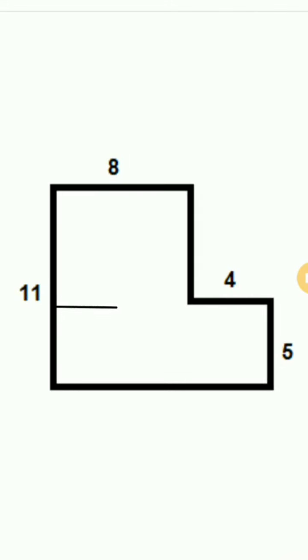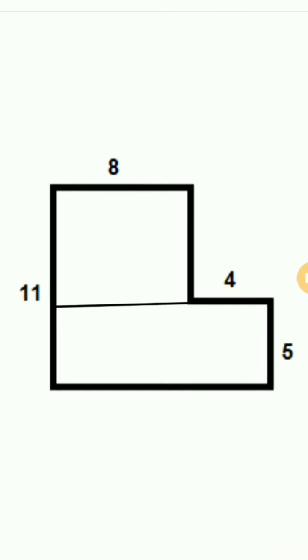Now I am going to divide this figure into two parts by drawing a line like this. Now we can see that this figure is divided into two rectangles. Then the area of this particular figure will be the sum of areas of these two rectangles. So this is the way to find out the area of an irregular figure.